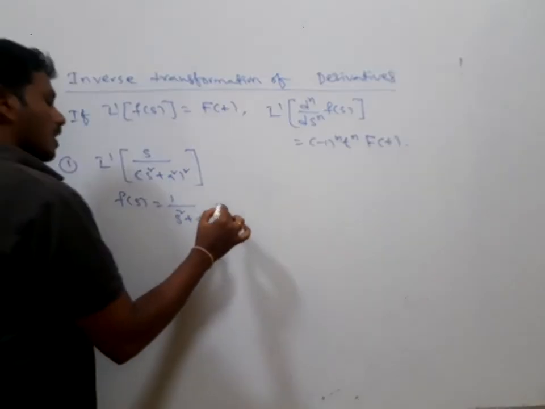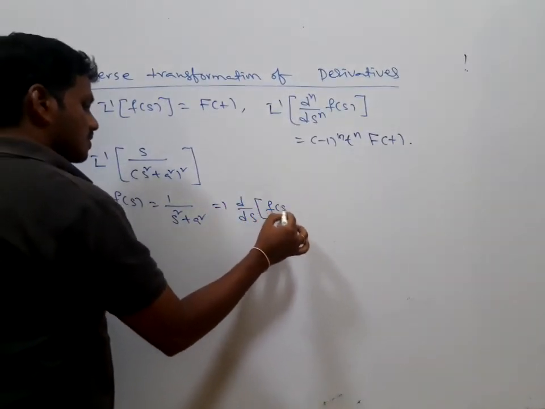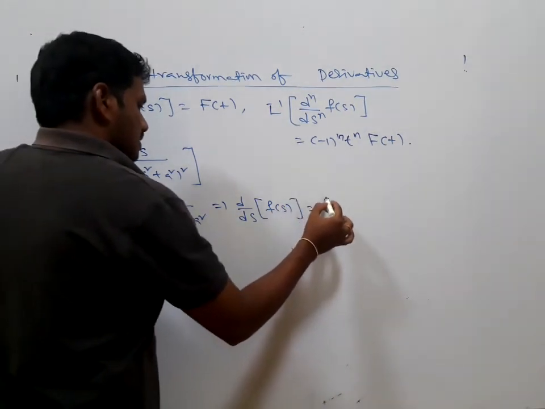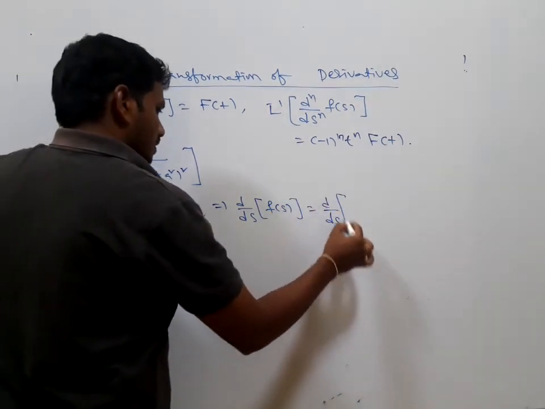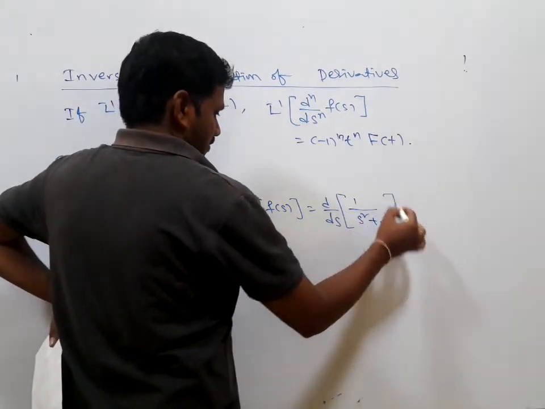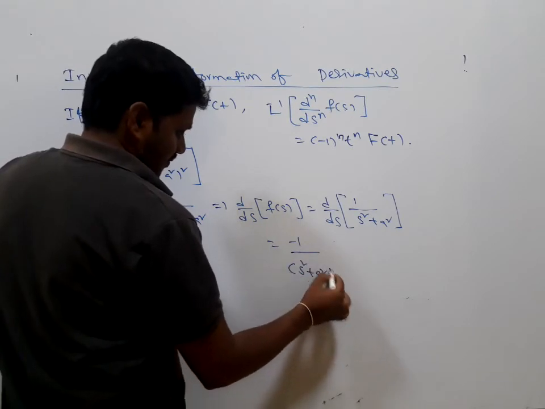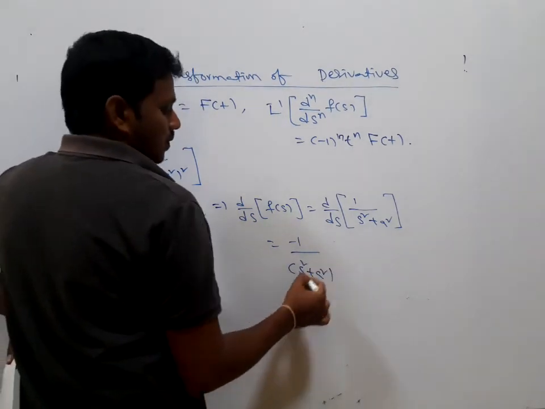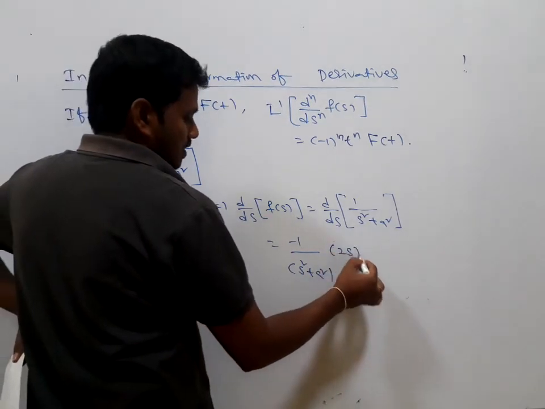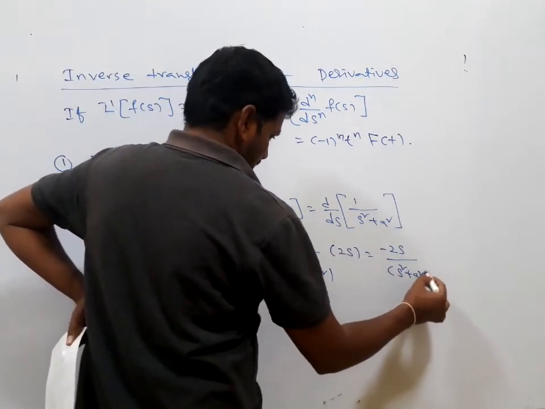So that implies d by ds of f of s is equal to d by ds of 1 divided by s square plus a square, which is minus 1 divided by (s square plus a square) whole square, into the derivative of s square, which is 2s, so minus 2s divided by (s square plus a square) whole square.